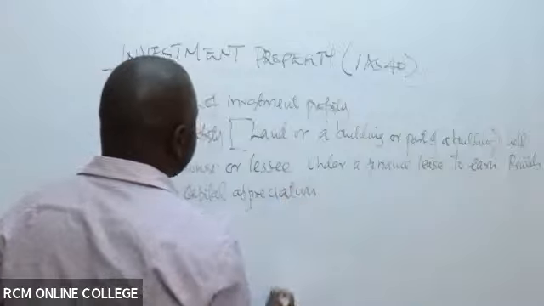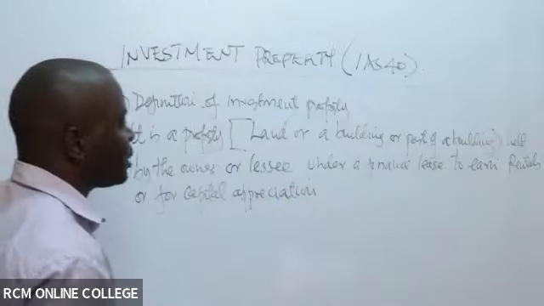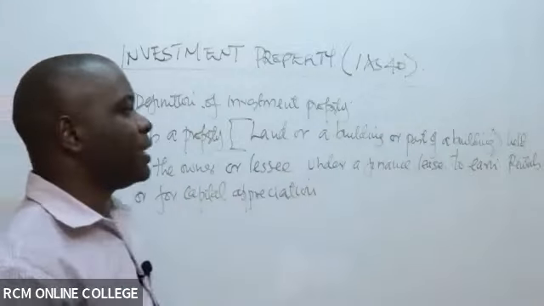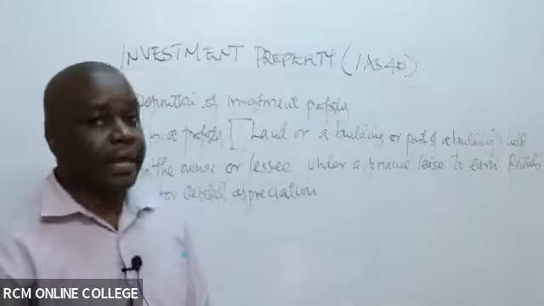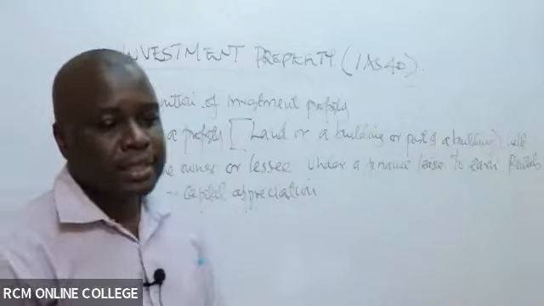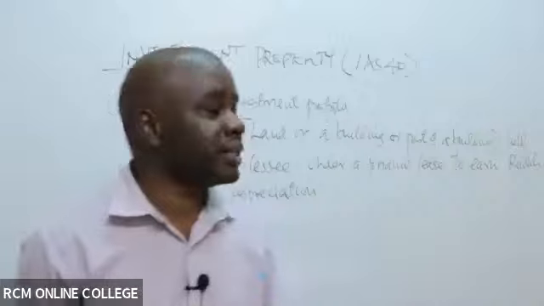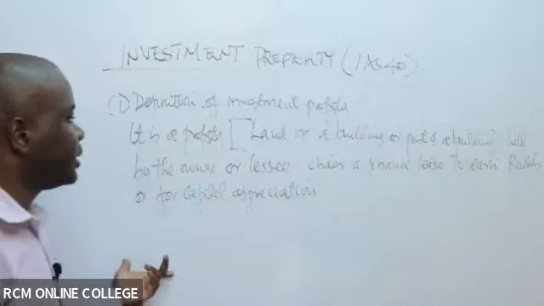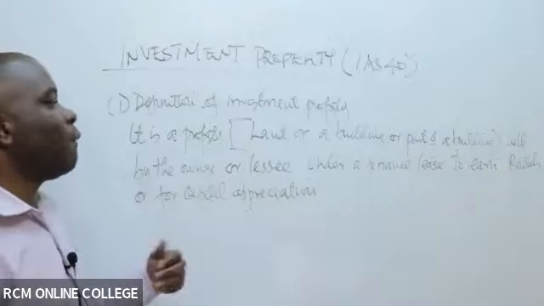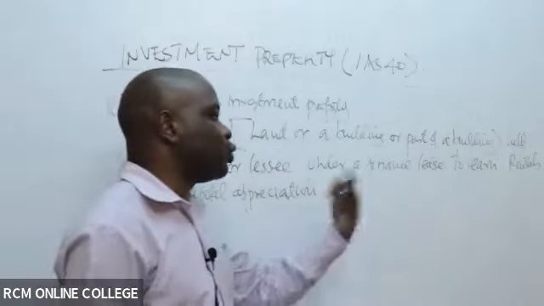So this is basically what we refer to as an investment property. It is a property, in brackets land or a building or part of a building, held by an owner, or it can be a lessee, someone who has leased. Of course, you've learned about leases. You can have finance or operating lease, whereby under finance there's that option whereby eventually there'll be the complete transfer of this asset to the lessee.